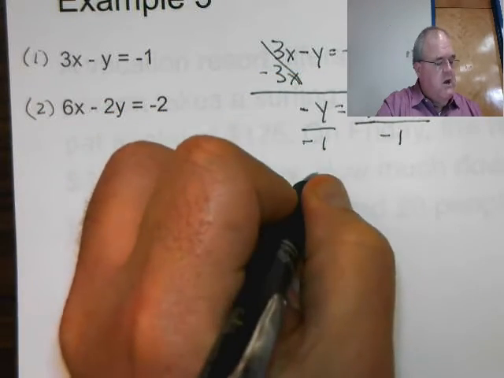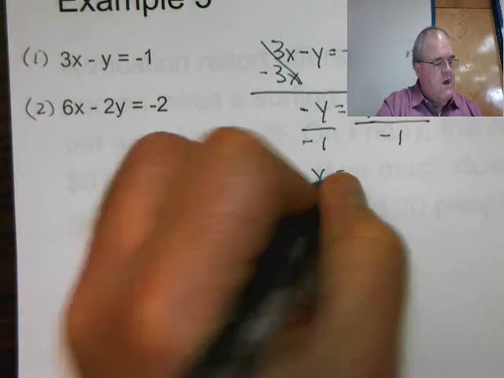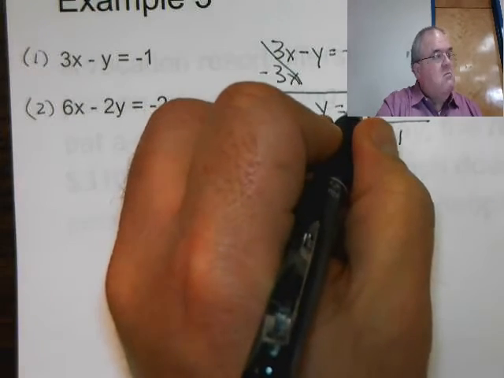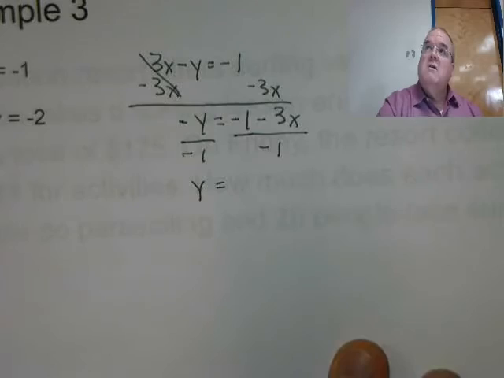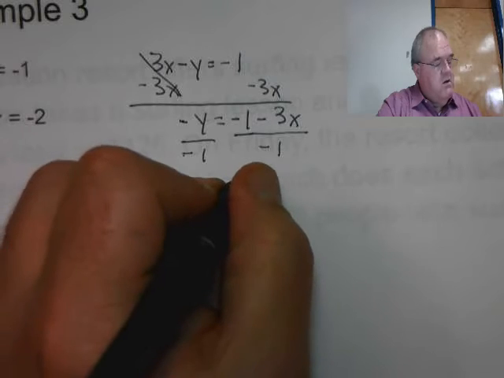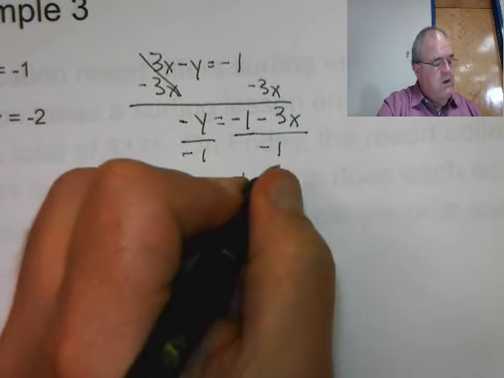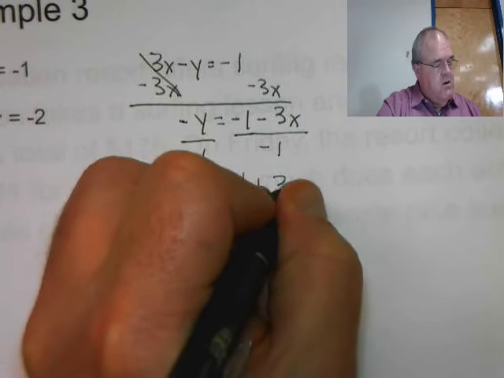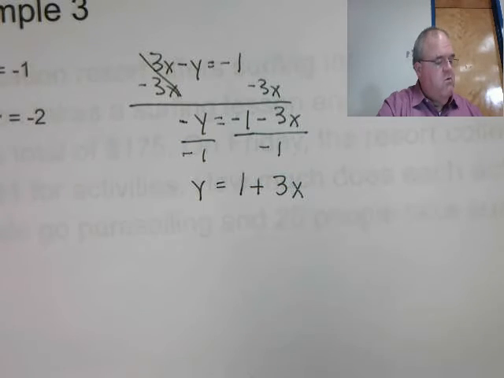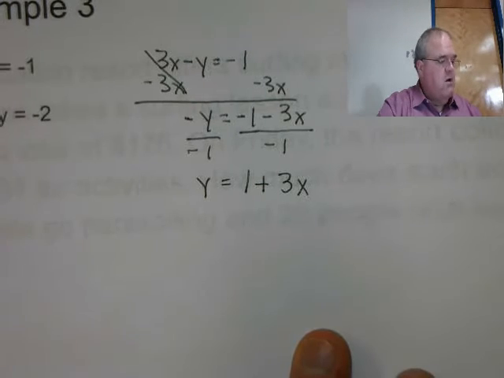So negative divided by negative is positive, so y equals negative 1 divided by negative 1 is 1, and negative 3 divided by negative 1 is 3, so I have y equals 1 plus 3x.